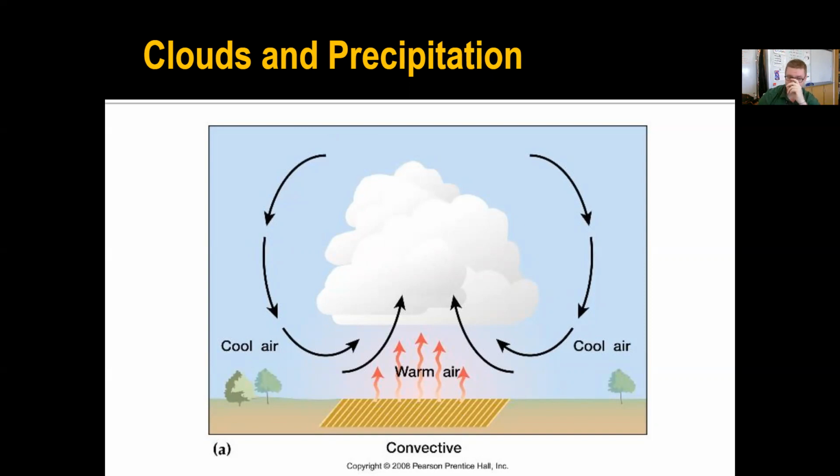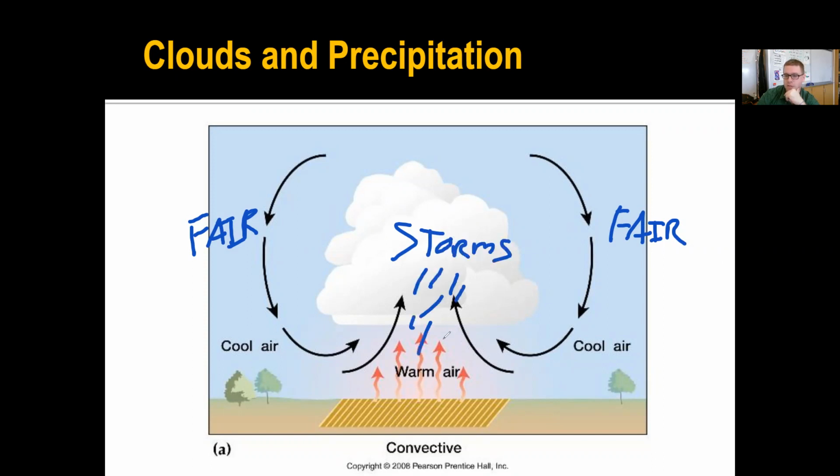If we look at this picture here, that cold air sinking we learned on a previous chart is associated with fair weather. So where we have these cold air sinkings on both sides of this chart, you're going to get fair weather. In the middle, where we have that warm air rising and cloud formations, we're going to get some stormy weather, and probably some precipitation like rain.